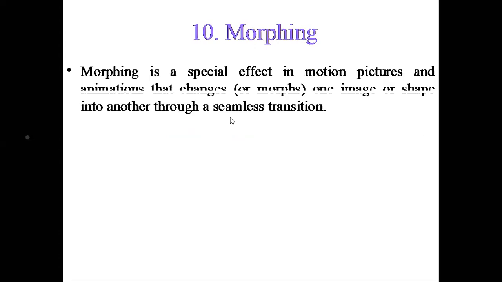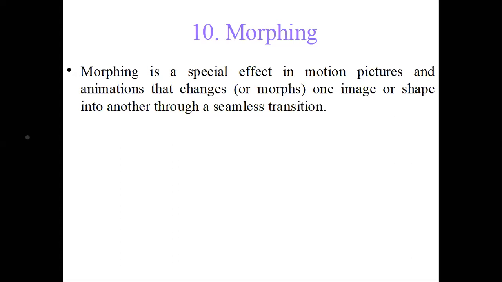The next application is morphing. As I told you, one object or one image is converted into another image, and that process is called morphing. Okay, so it is a special effect in motion pictures and animations that morphs one image or shape into another through a seamless transition.